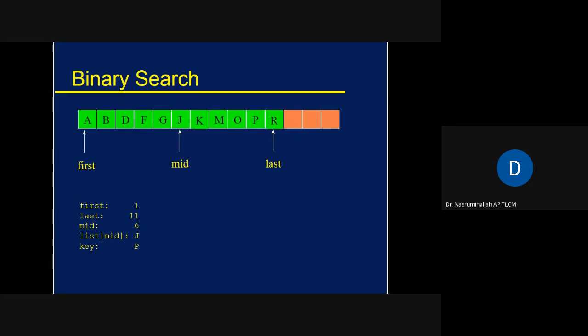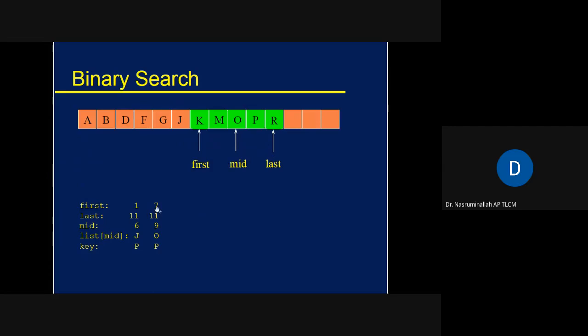We have to revise the bounds. So the first will be mid plus 1, that is K. The last will be as it is, and the mid will be first plus last divided by 2.